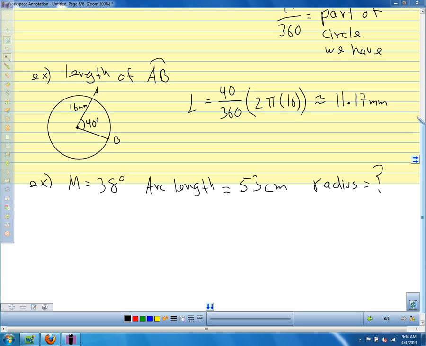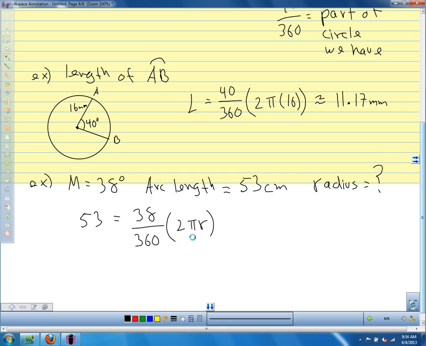We're going to plug everything we have into the formula, solve for the part that we don't have. So we know the arc length, 53, equals the central angle divided by 360 times 2 pi times r. And I'm just going to solve this equation for r.